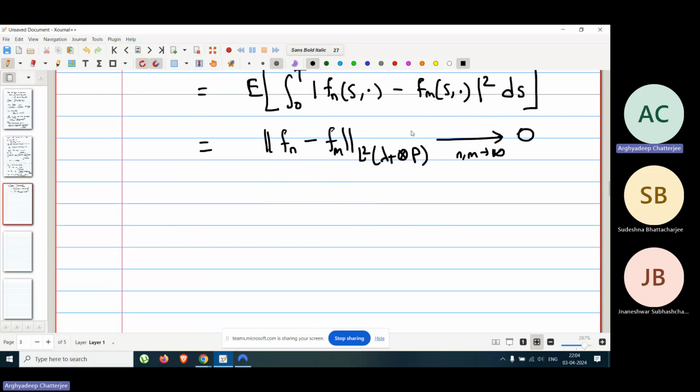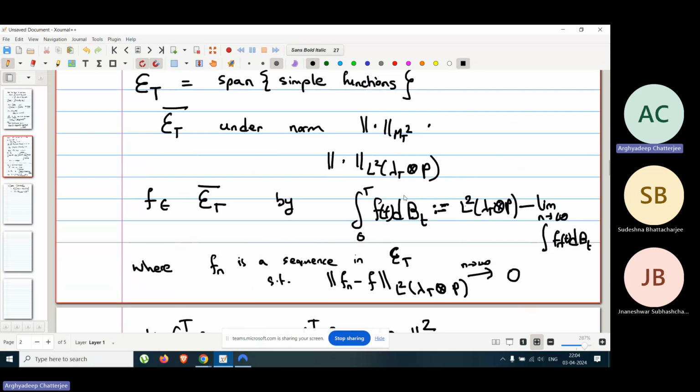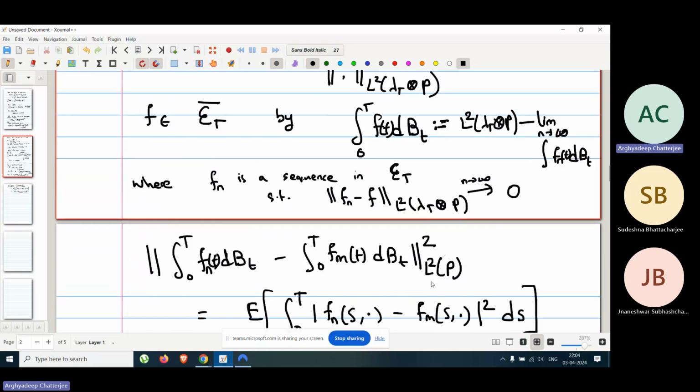This makes sure that this thing is defined at least. This quantity will be Cauchy as long as Fn is a Cauchy sequence in this norm L2 of lambda_t.